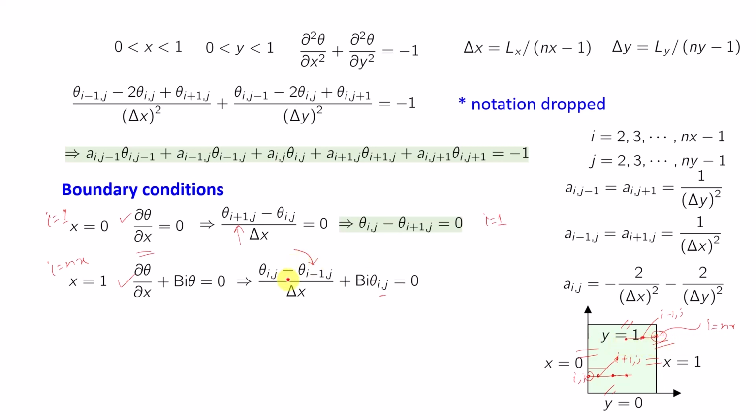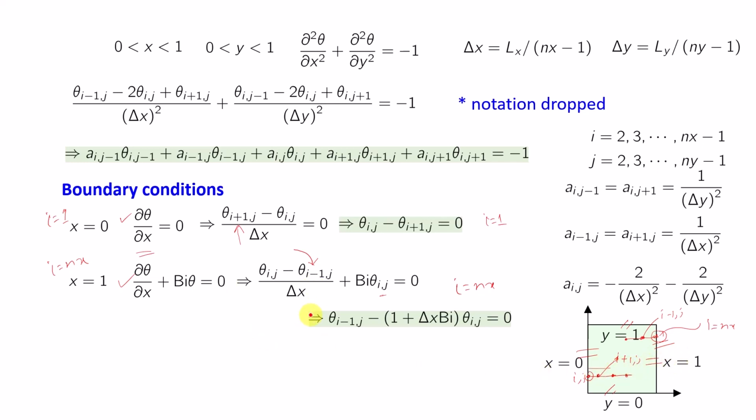Therefore, the derivative we have approximated as a backward difference, theta ij minus theta i minus 1 j divided by delta x. So now we multiply with delta x, and what we have is theta ij times (1 plus delta x multiplied by Bi number) minus theta i minus 1 j equals 0. This relation is applicable only at i equals nx, meaning this right side boundary.